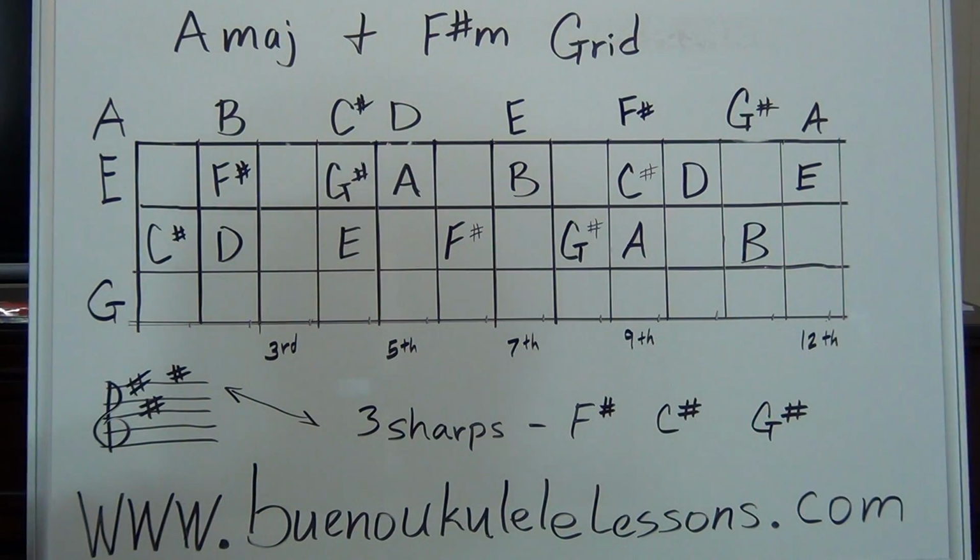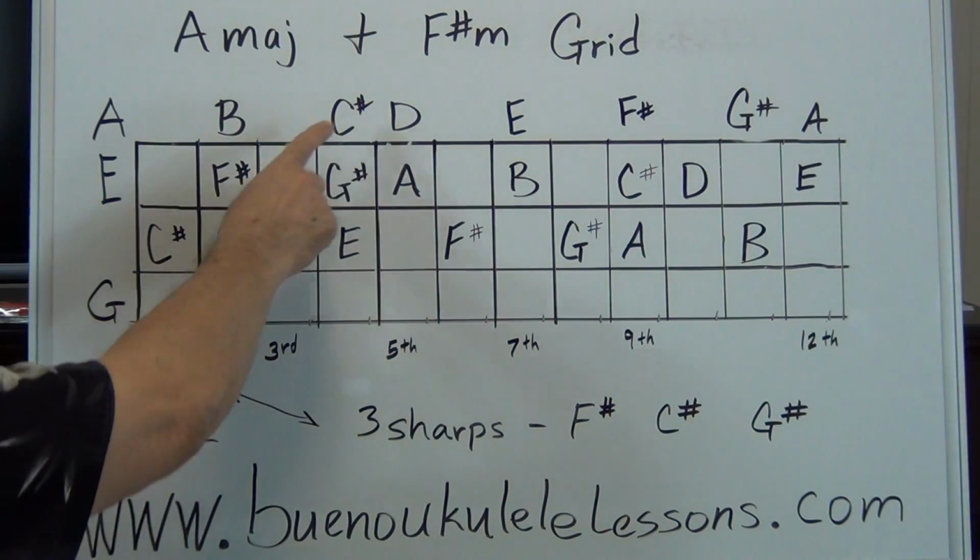Because it's the third scale in the A major scale. So within the A major scale, if you count the letters A, B, C sharp is number 3, and the Phrygian mode is the third scale pattern within the A major scale.